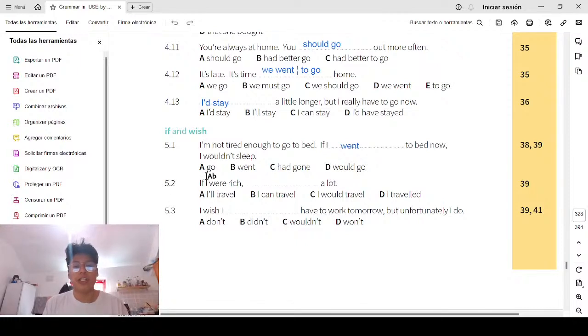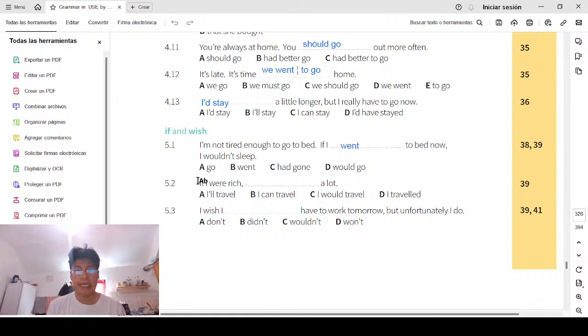If I were rich, I'd travel a lot. Or if I were rich, I can travel a lot. Or if I were rich, I would travel a lot. Or if I were rich, I traveled a lot.